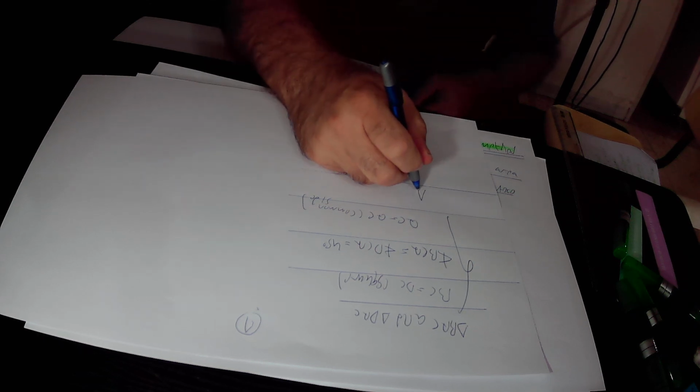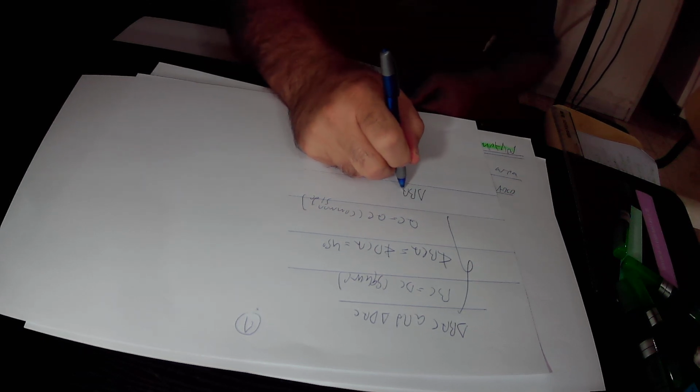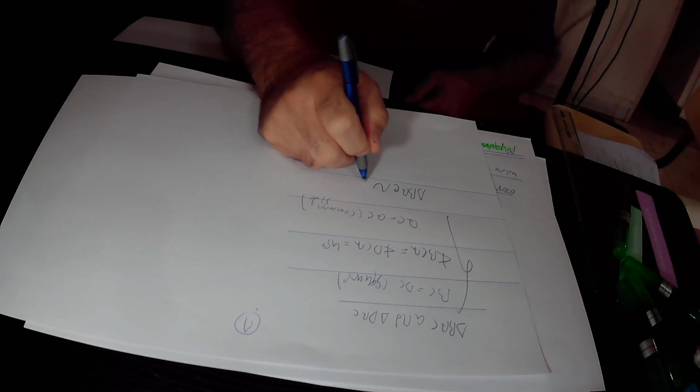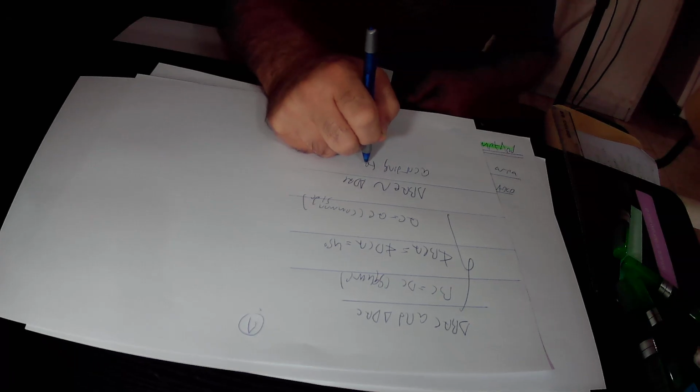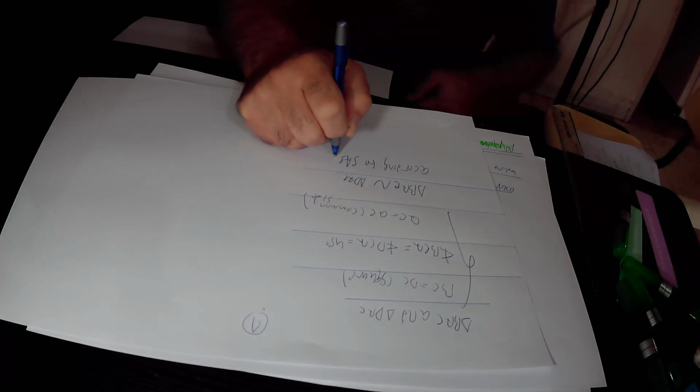So triangle BQC is congruent to triangle DQC according to the side-angle-side rule.